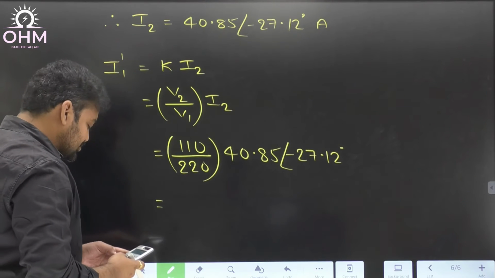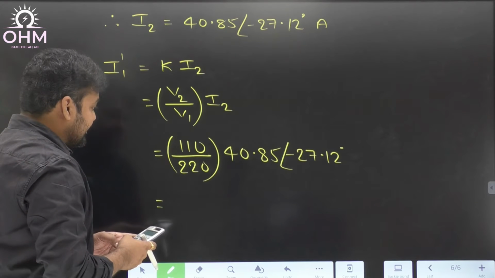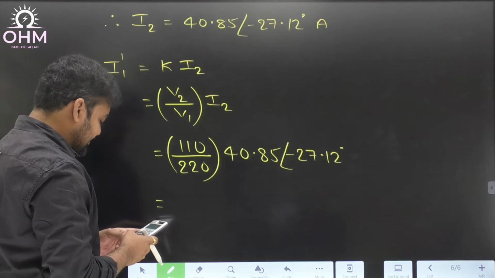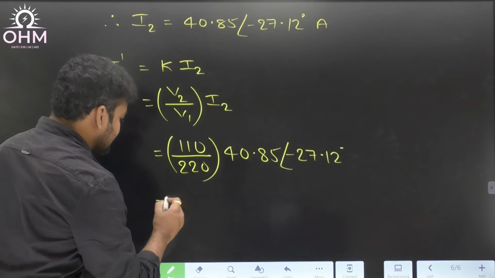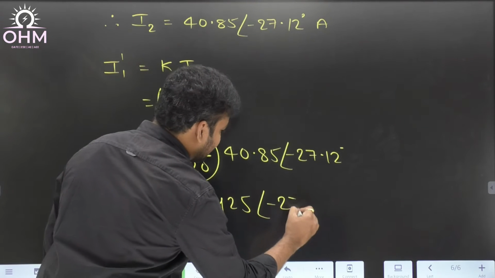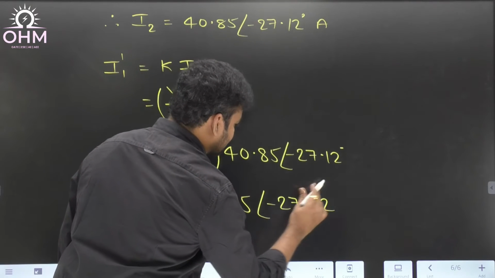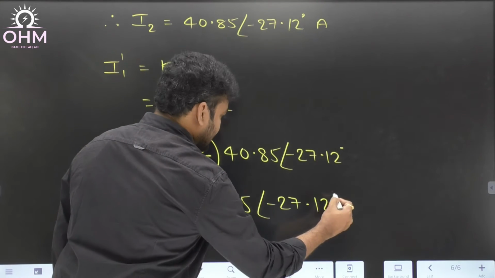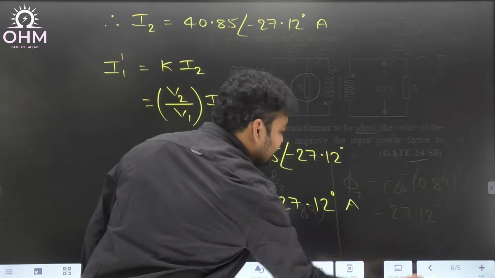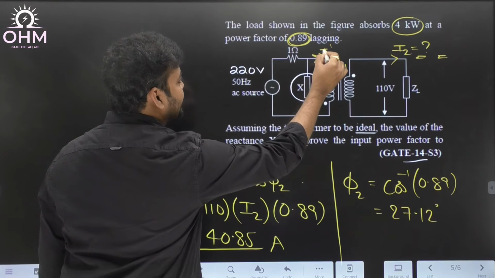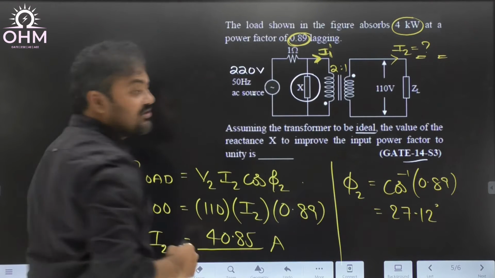Therefore, you will get the magnitude of current now. So 110 by 220, that is by 2. 40.85 divided by 2, so that is 20.425 at an angle minus 27.12 degrees. This is I1 dash. What is I1 dash first of all? Can I say I1 dash is nothing but the current drawn by the primary due to the load? Yes, that is I1 dash.